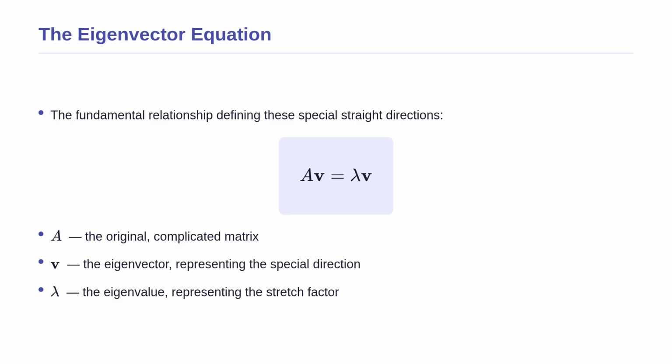A is our original messy matrix. The vector v is our eigenvector, the direction that stays straight. And the Greek letter lambda is our eigenvalue, the scaling factor. If lambda increases, the vector stretches further. If lambda is negative, the vector flips in the opposite direction. This simple equation is the foundation of everything.